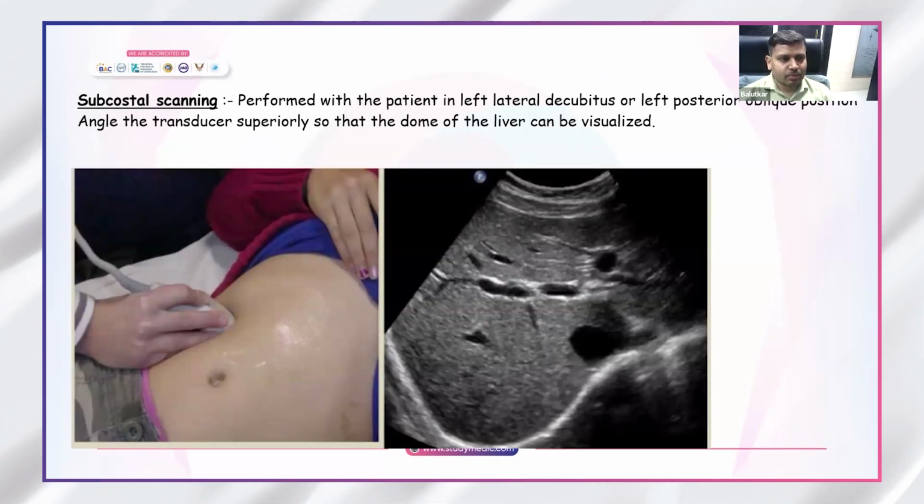We direct the probe somewhat cranially and put the probe along the subcostal line. We can do two methods. We can ask the patient to take a deep breath and the entire liver parenchyma will be scanned on its own. Or you can move the probe in a craniocaudal direction slightly, and you will be able to examine the entire right lobe of the liver.